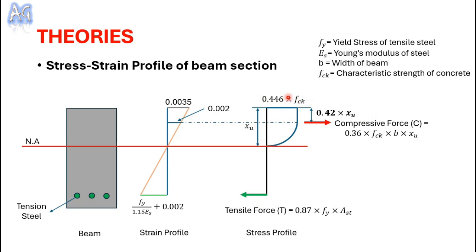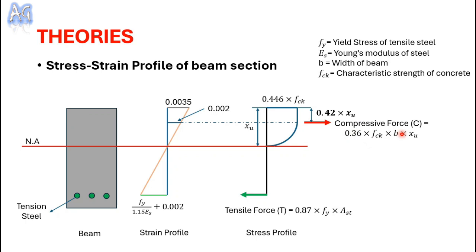And the total resultant force, I mean the total compressive force, will act at a 0.42 xu distance, and the compressive force value will be like this: 0.36 fck into b into xu. So since here the curve is parabolic, that's why we are getting this type of value.